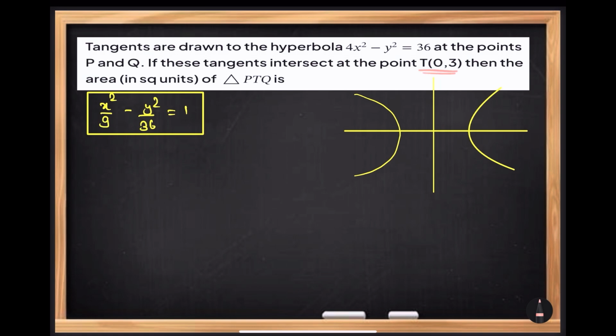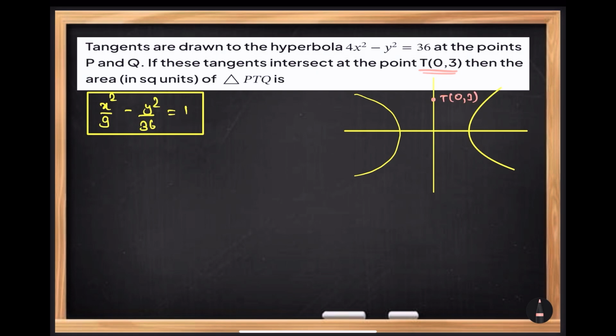Just think about the opposite way. The question is saying that if you drop tangents from points Q and P, those tangents will intersect at T. Suppose this is point T.